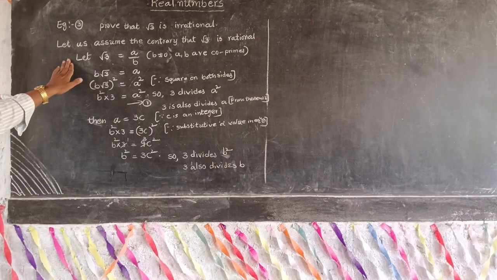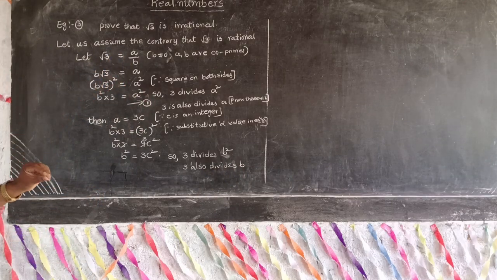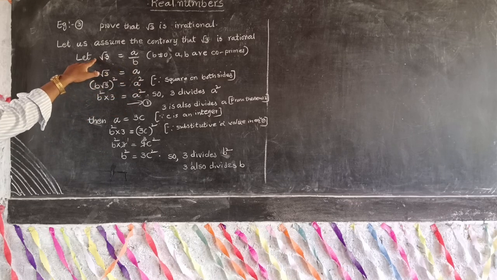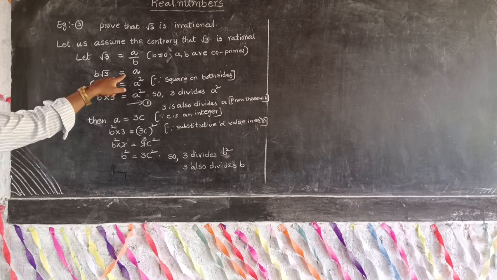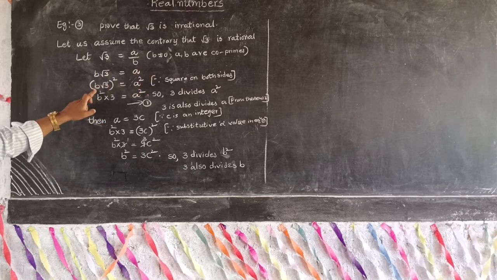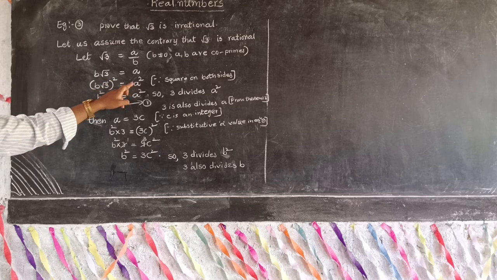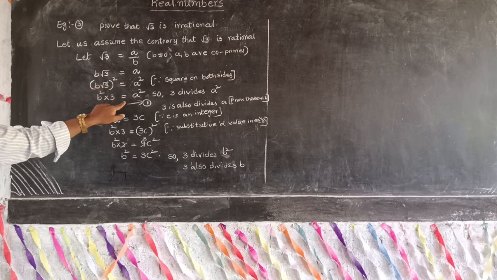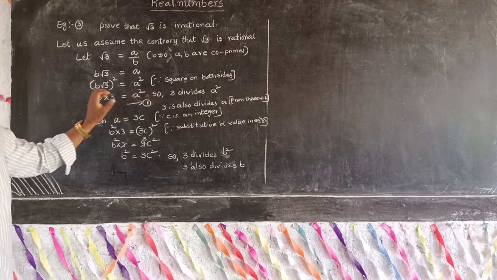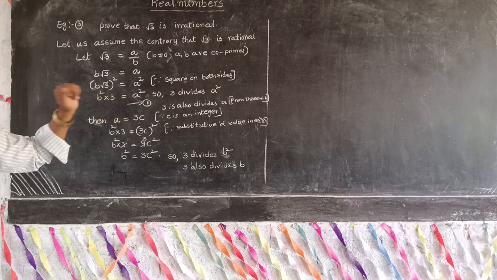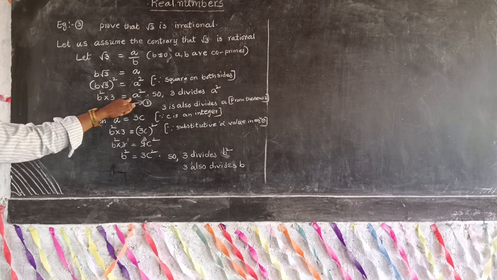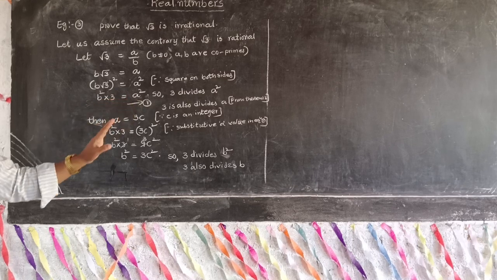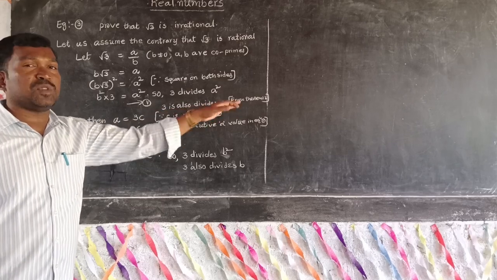Once again, first let root 3 equal a by b. Transposing, b root 3 equals a. Squaring both sides, (b root 3) whole squared equals a squared, so b squared into 3 equals a squared. So b squared and 3 are both factors of a squared. According to the fundamental theorem of arithmetic, 3 divides a squared, and 3 also divides a from theorem 1.2.